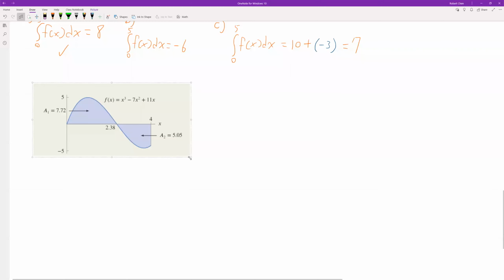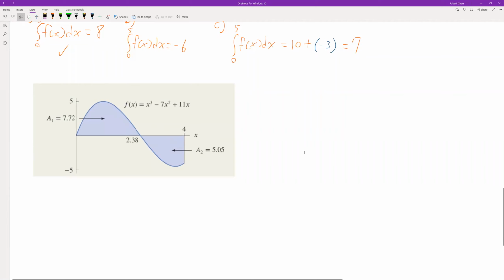All right, so here we have another example with actual numbers, and let's take a look at them. The function f has a curve like this between x equal to 0 and 4. So to represent the area under the curve from 0 to 4, we're looking at integral of f of x dx from 0 to 4, which is basically the sum of these two areas, A1 and A2.